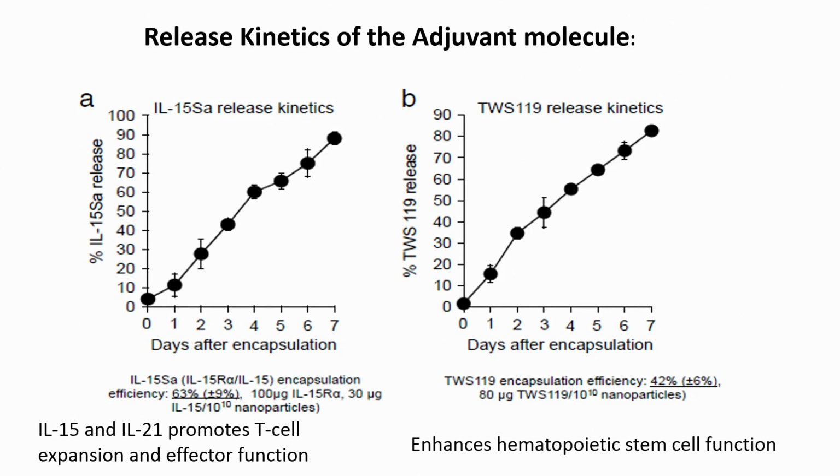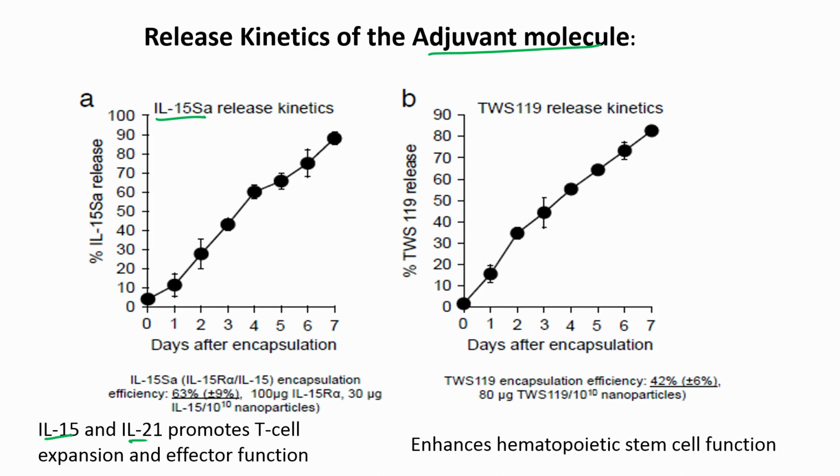And then what they have done is encapsulate two adjuvant molecules in this particle. One is what they have labeled as IL-15 assay. This IL-15 assay is a combination of IL-15 and IL-21 and promotes T cell expansion and effector function.